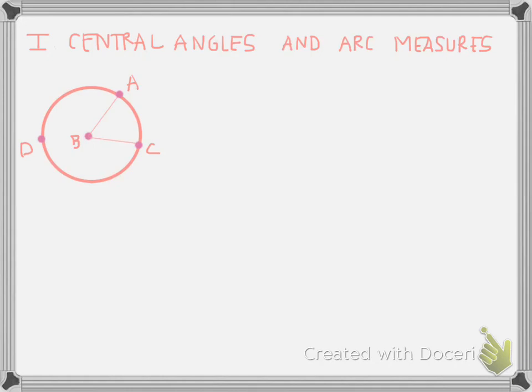One thing to know is that all of the central angles in a circle add together to be 360.